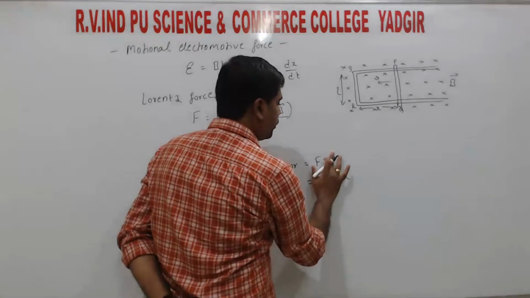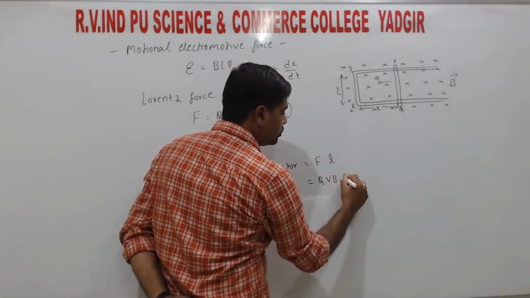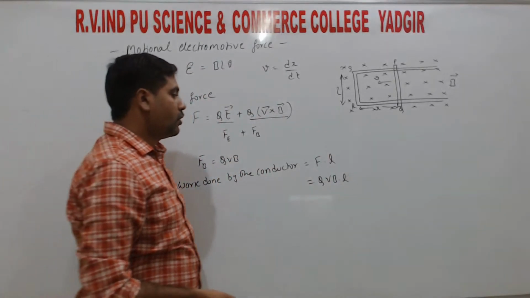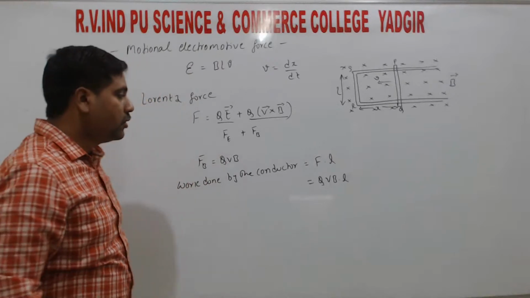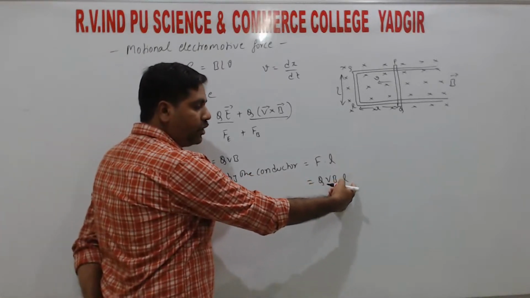Let's take L, since here we consider the charge, that's why we take L, right? So QVB into L, right? Next, the work done by the conductor is QVB into L.